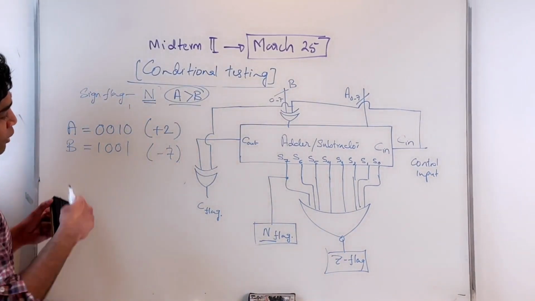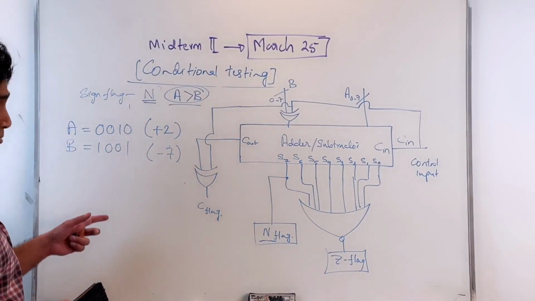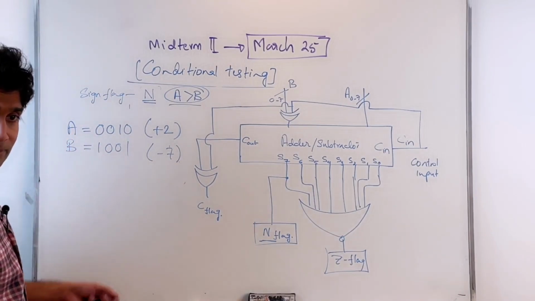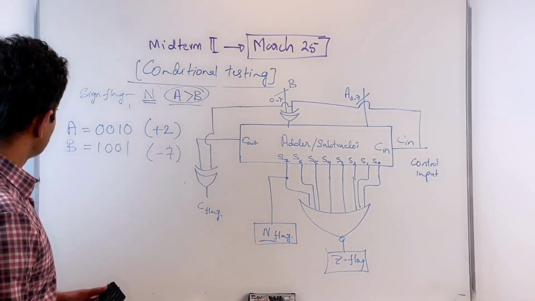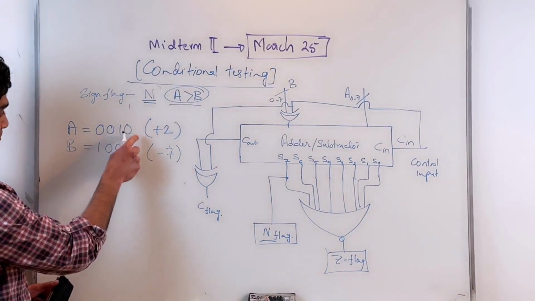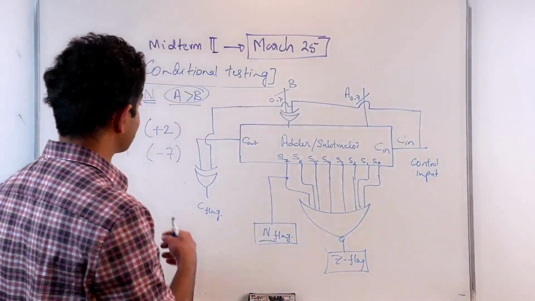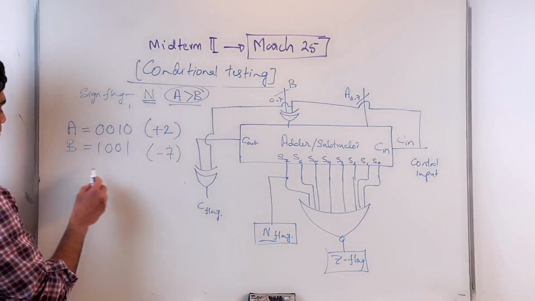Now, because I know these are signed, I can tell directly by looking at these numbers that A is larger than B. There's no doubt about that because A is positive, B is negative. But if I let the hardware make the decision, what does it do?